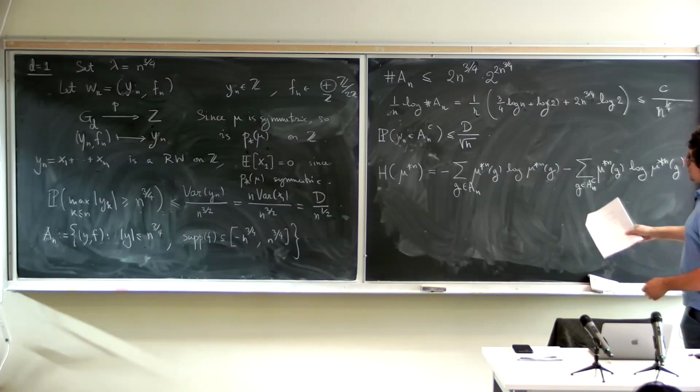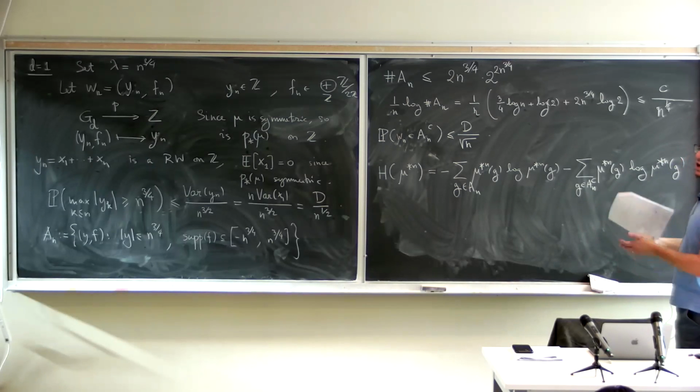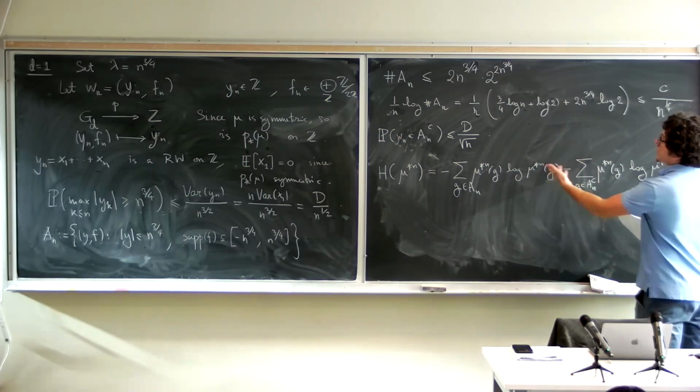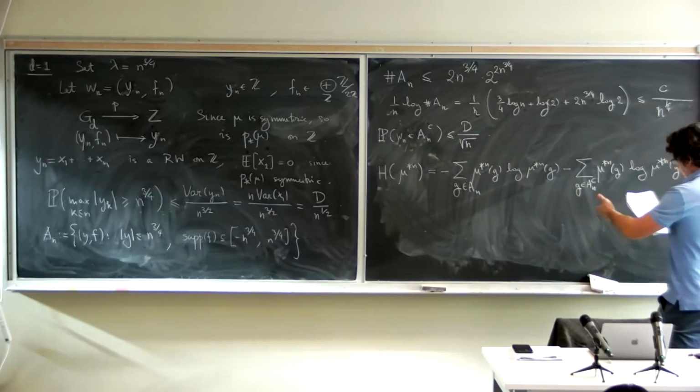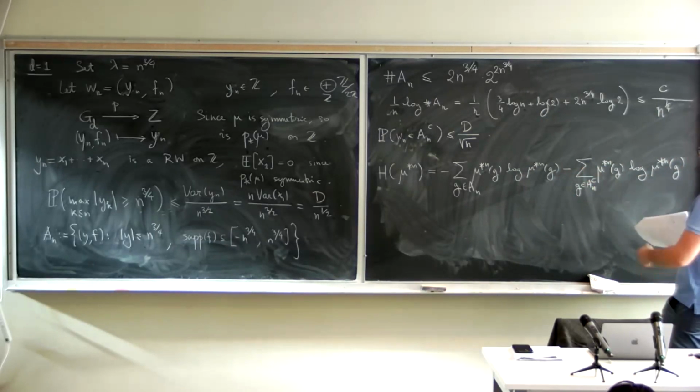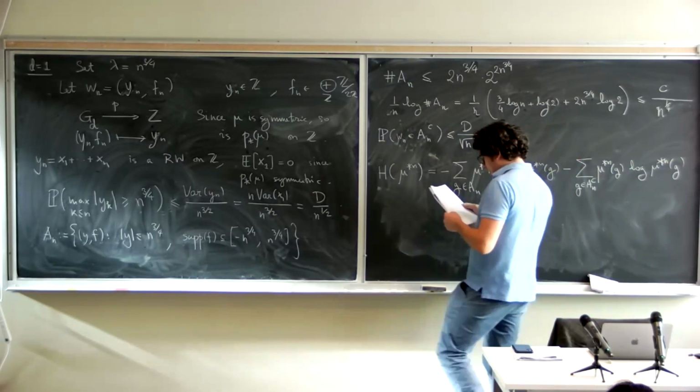Okay, and then we do Jensen's inequality. We want to estimate the entropy with the cardinality of the set, more or less. But you need to have a probability measure to do that, so you have to normalize slightly.